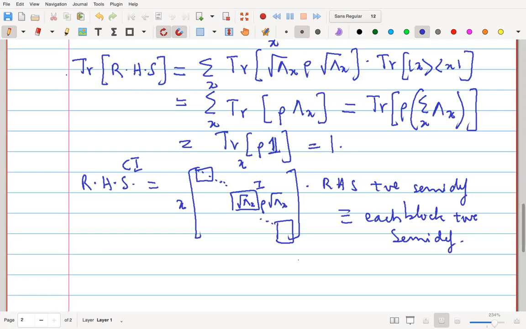And now, what is the block? Let us look at the x-th block. This is where it is probably better to use the quadratic form. I want to check that this is positive semi-definite.